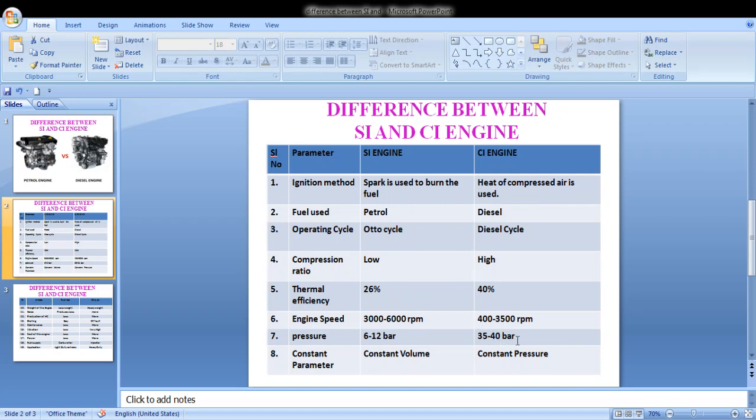What is bar? 1 bar is equal to 1 lakh Pascal or 100 kilopascal. Next important parameter is constant parameter. What is constant throughout the cycle will be constant volume in SI engine, while in case of a CI engine, it operates on constant pressure.